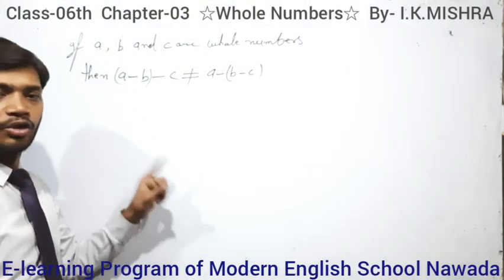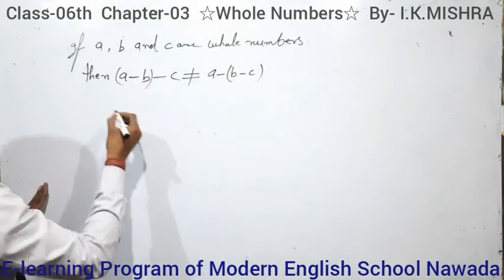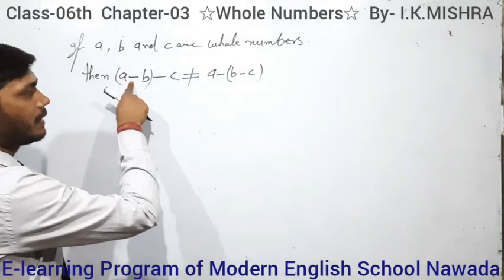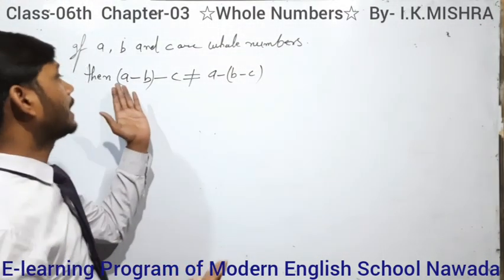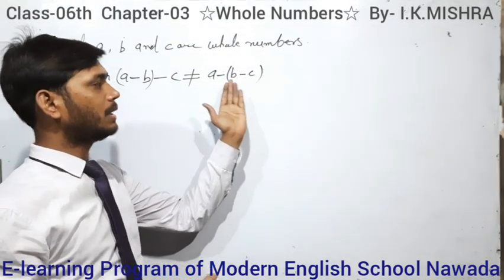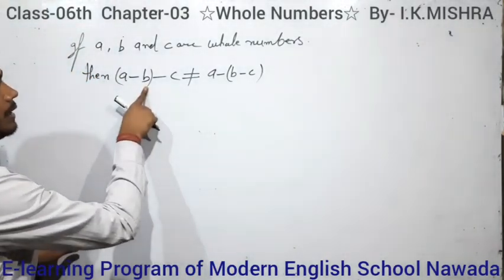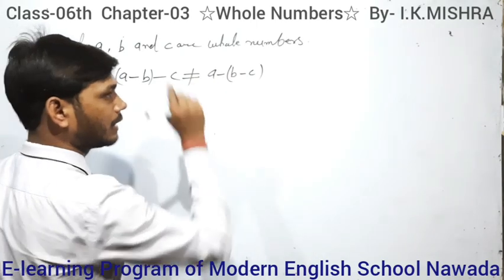Students, in the associative property of addition for whole numbers, the place of minus was plus, and that was possible. That was (A plus B) plus C is equal to A plus (B plus C). But here (A minus B) minus C is not equal to A minus (B minus C).